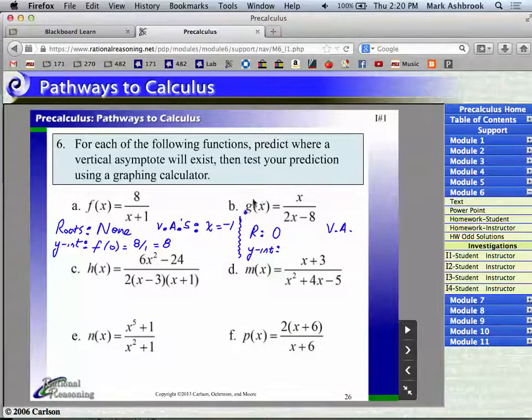What's true at the y-intercept? Yeah, g of 0. G of 0 will give the y-intercept. So what do you get? What's g of 0? 0. Yeah, if you've got a root at 0, that has to be the y-intercept too, the origin. Then the origin is your y-intercept. Okay, vertical asymptotes. Justin.